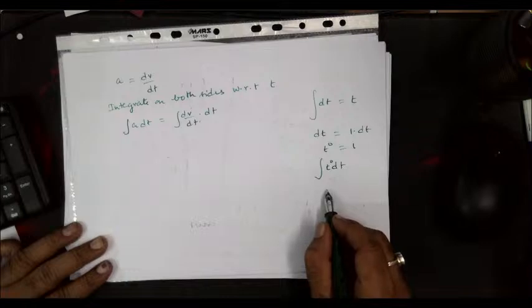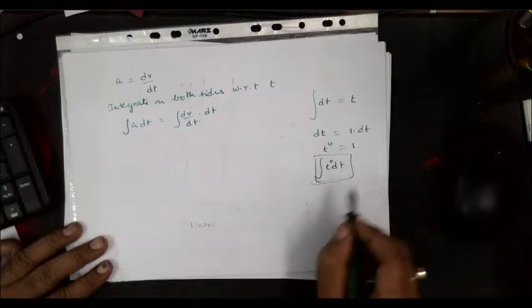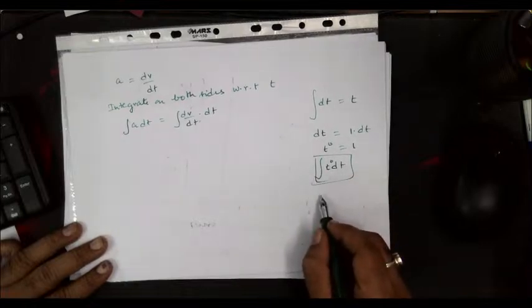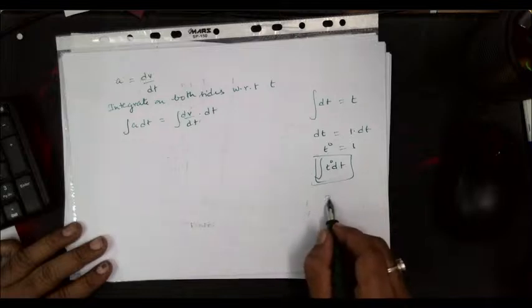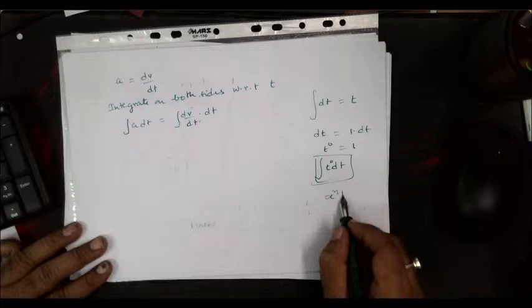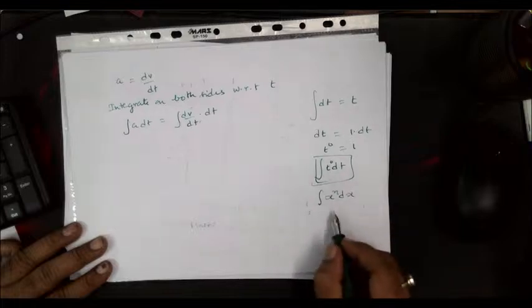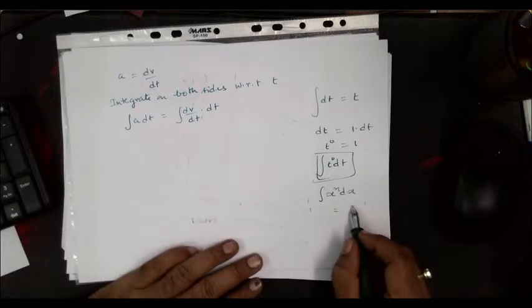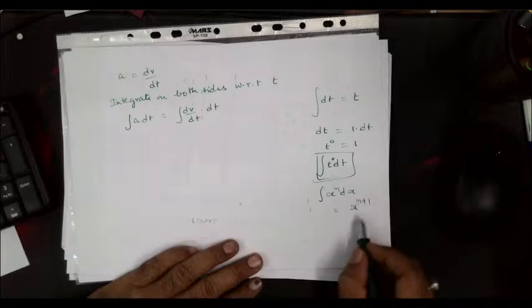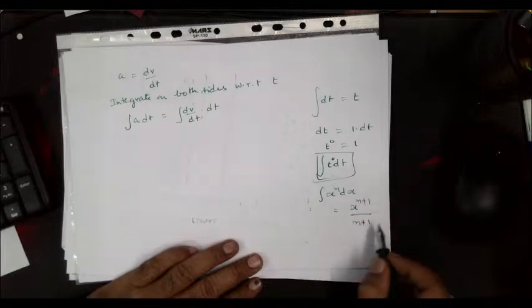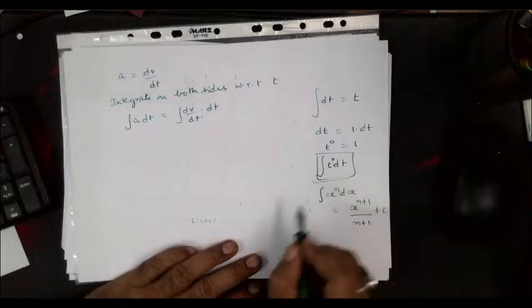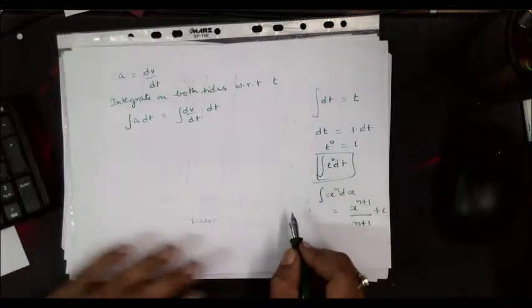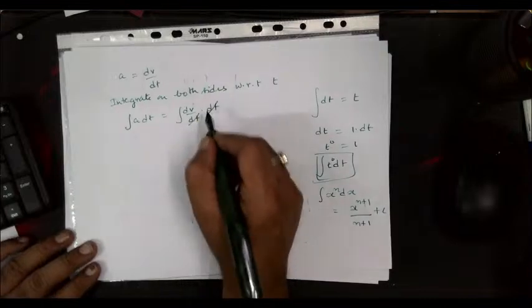So on integrate, this can be interpreted like this. For example, let us have the formula x power n dx. When you integrate, you will get x power n plus 1 divided by n plus 1 plus integral constant. So let us apply this, and this can be cancelled.